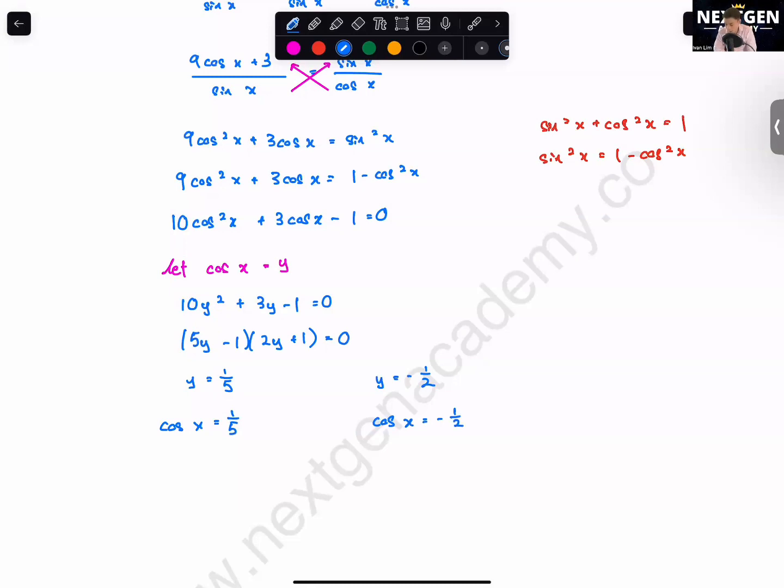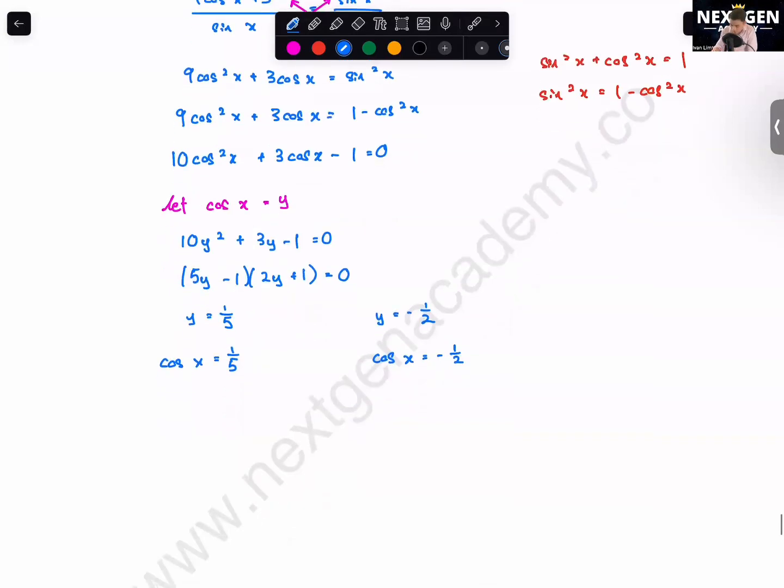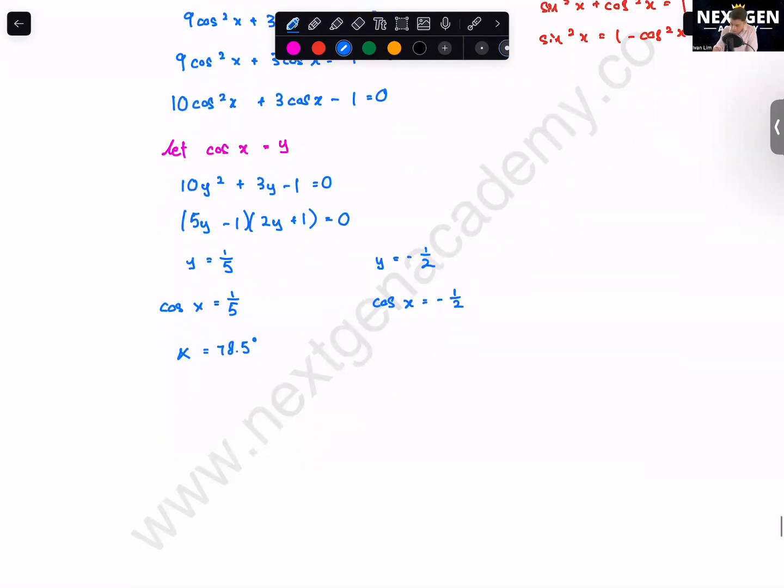So cos x equals 1 over 5. First we find our base angle. For the base angle, you ignore whether it's positive or negative first. So you will get 78.5 degrees. Now we do ASTC. Cos is positive, which quadrants?